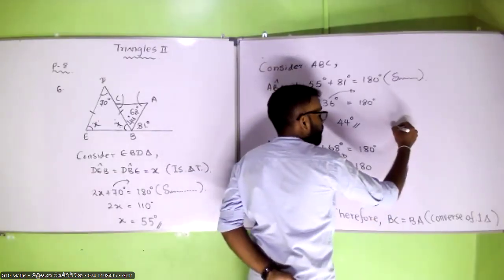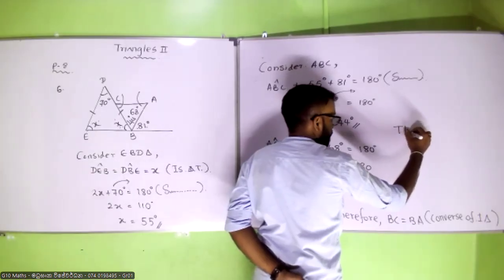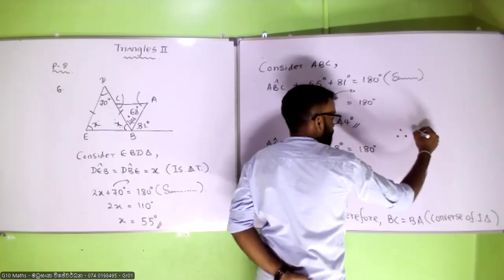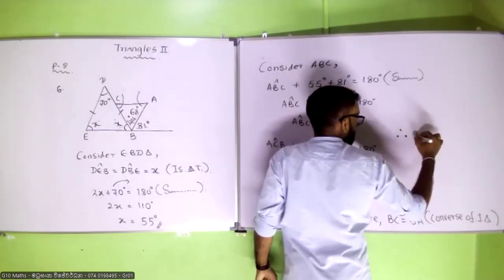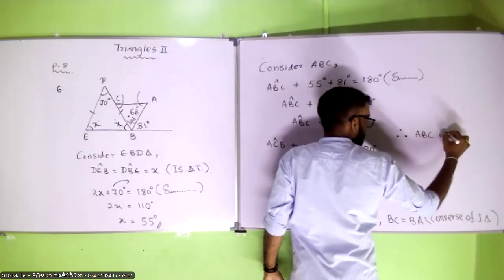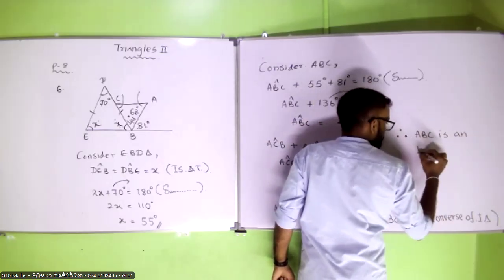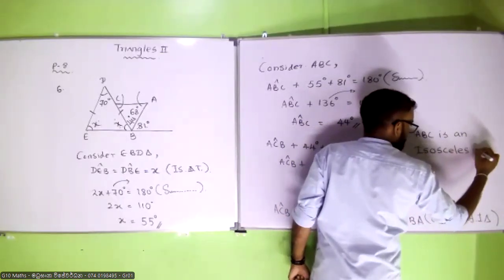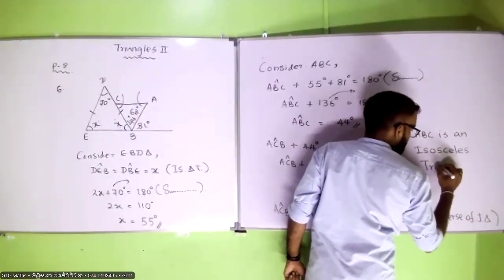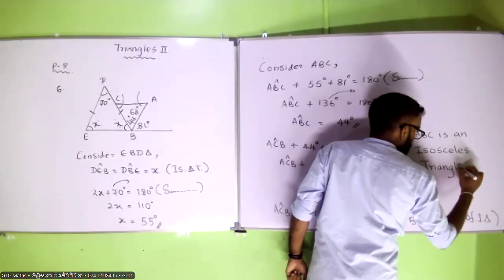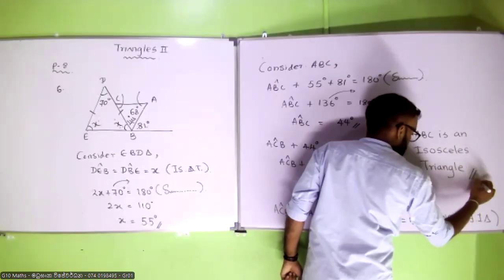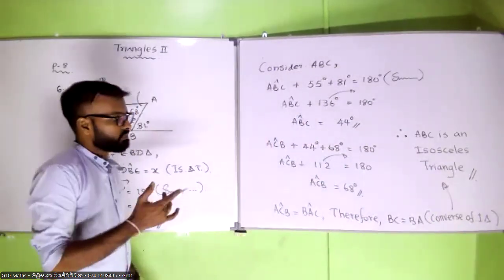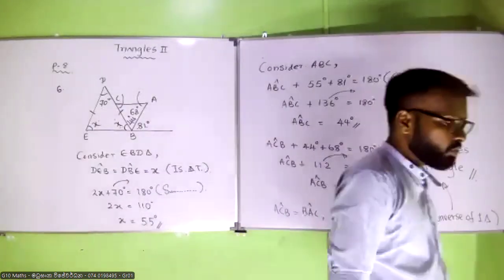Therefore, we conclude that ABC is an isosceles triangle. Finally, you have to conclude your answer. Definitely, you need to do that, otherwise you will lose marks.